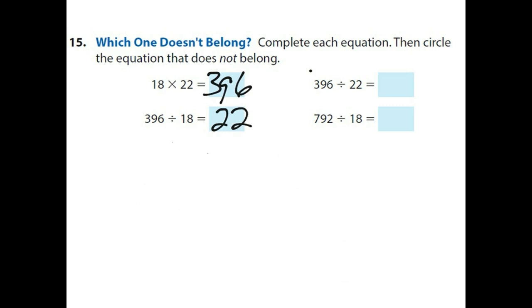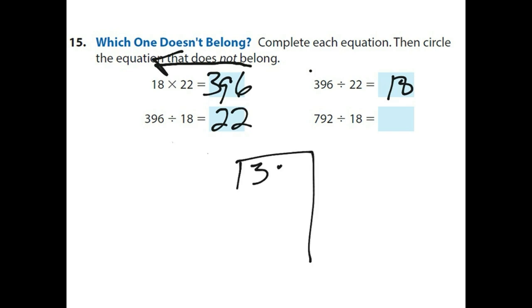And then look at this one. If I do 396 divided by 22, it's going to equal 18. But you know what? I'm going to show you my work anyway. 396 divided by 22. So I can do it 10 times. That's going to be 220.